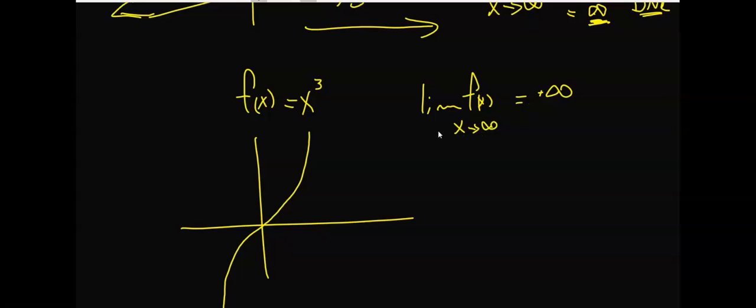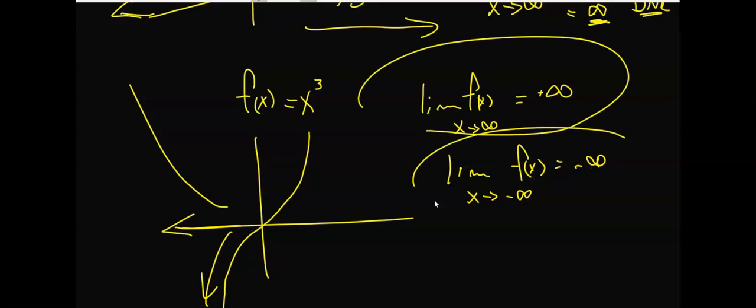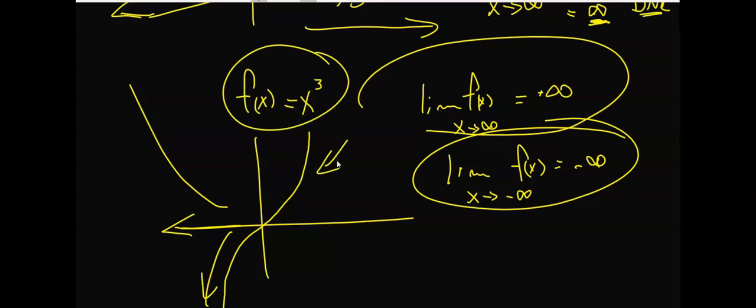That's okay. But what about the limit as x goes to minus infinity, if we move in this direction? Would we say it goes to infinity? No, we would say it goes to minus infinity.